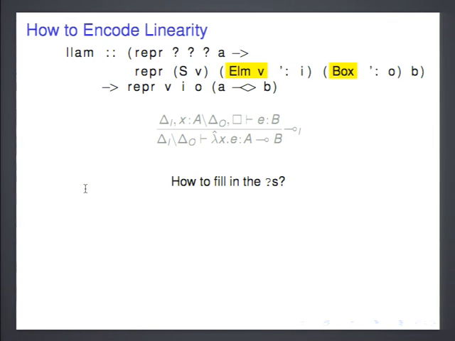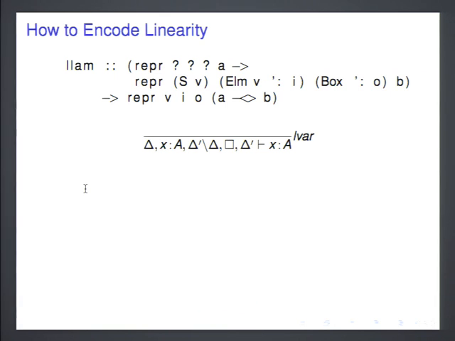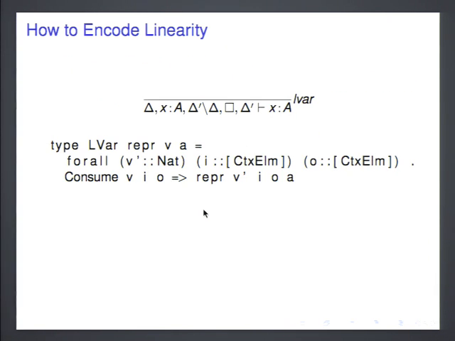And the answer is we look at the variable rule, the linear variable rule. So there is no explicit encoding of linear variables, or variables in general, because we're using higher order abstract syntax. However, this thing up here is a linear variable. And the linear variable rule basically says you need to consume the variable from the context, right? So we can just directly do this.